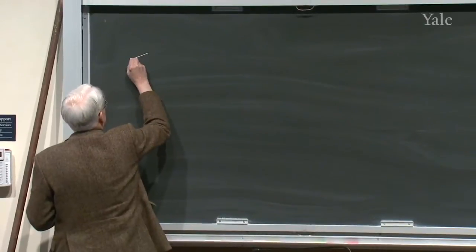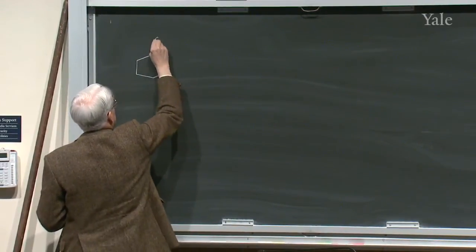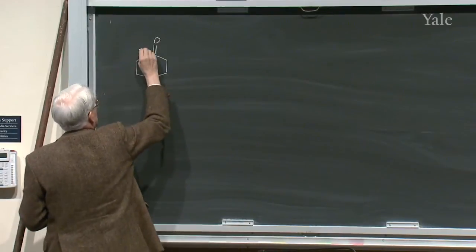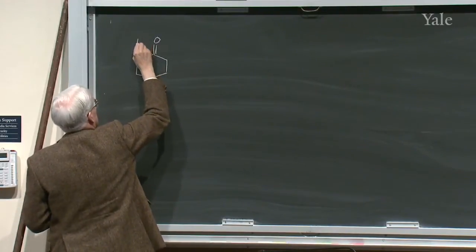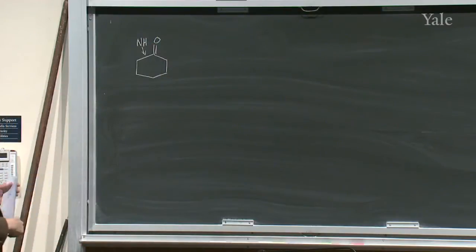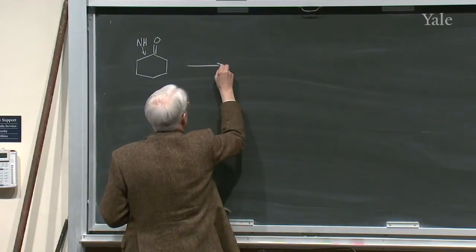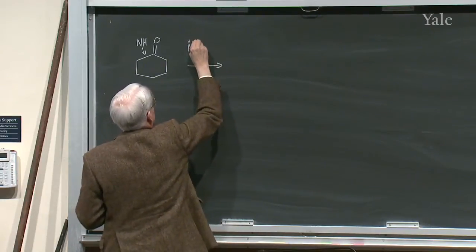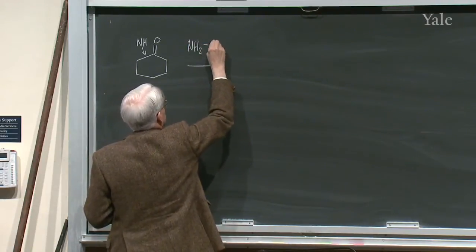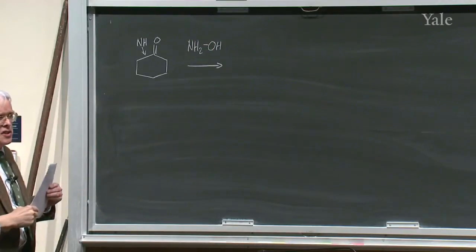So it starts with a ketone, like cyclohexanone, and inserts a nitrogen in the bond between carbon and oxygen. And the reagent that does it is hydroxylamine, and then treated with acid.